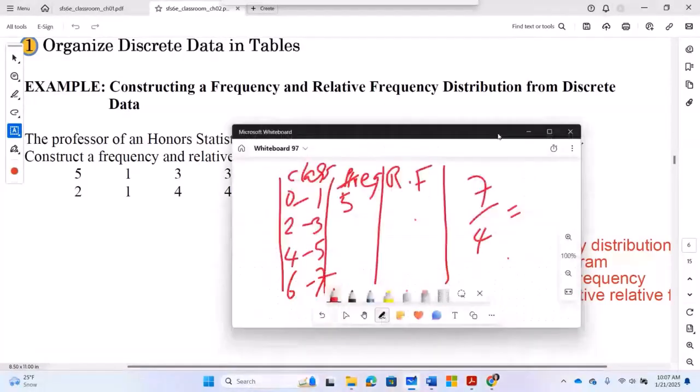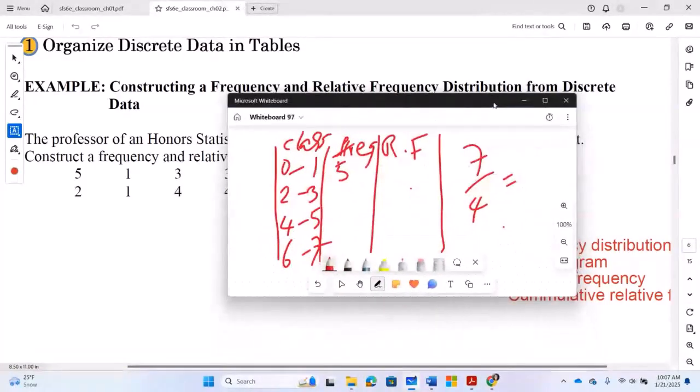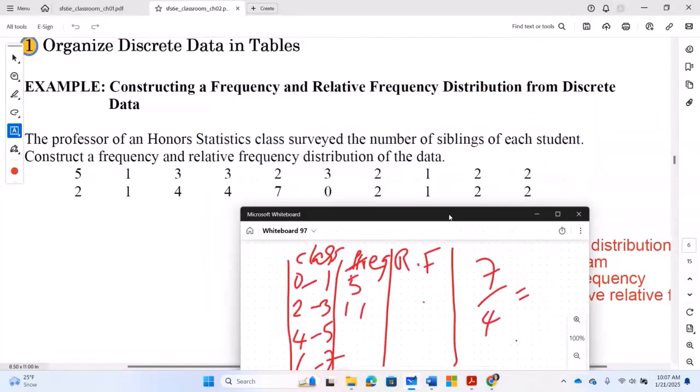There are 11 numbers ranging from 2 to 3, so I put 11 here. We can count again: 1, 2, 3, 4, 5, 6, 7, 8, 9, 10, 11. So there are 11 of them.